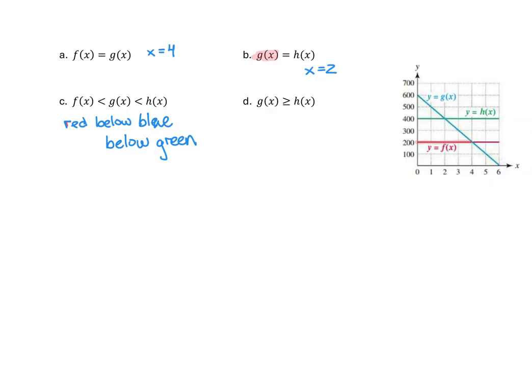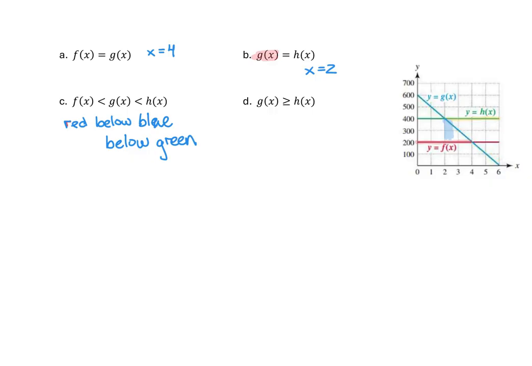But we also want blue below green, and blue below green happens from 2 to 6. The result that we want is the one that satisfies both of these.